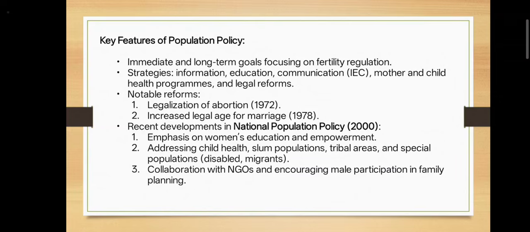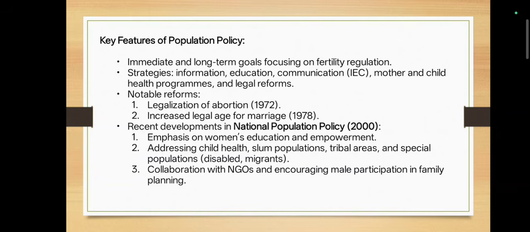Let's see the key features of the policy. Key features of India's population policy include both immediate and long term goals focusing on fertility regulation. Strategies involved information, education, and communication campaigns, maternal and child health programs, and legal reforms.